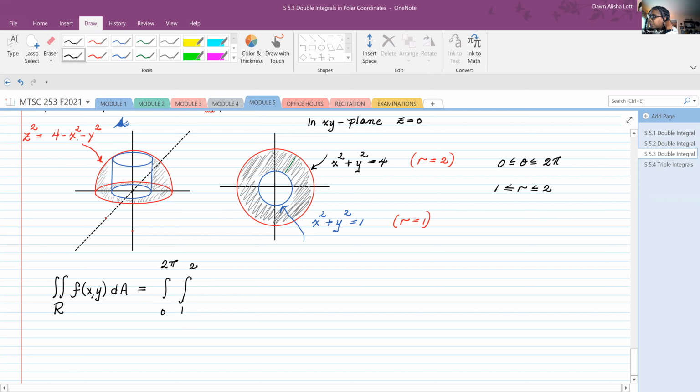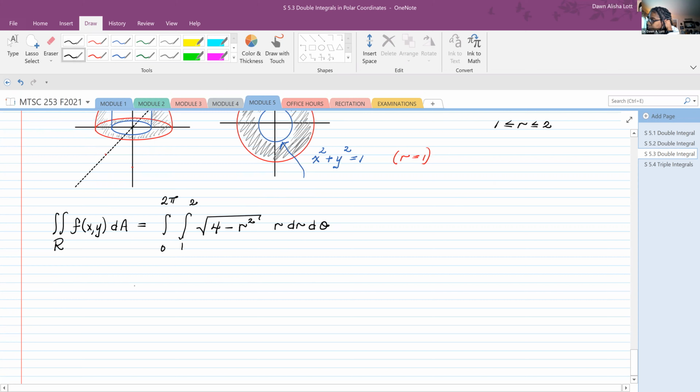And then the function on the inside is the square root of 4 minus, and then x squared plus y squared is just r squared, because we're trying to put everything in terms of polar coordinates. And then the area is r dr d theta. And that r is very, very helpful.